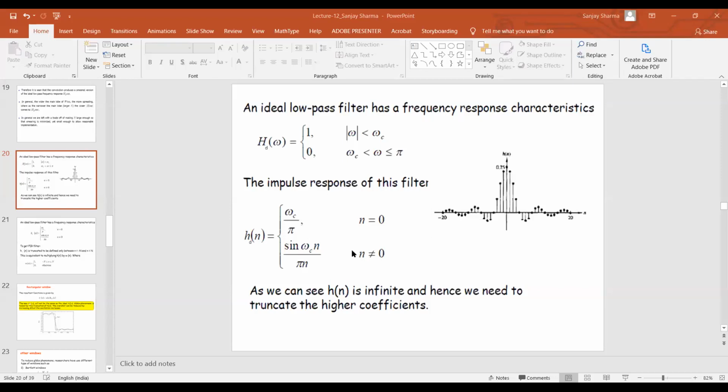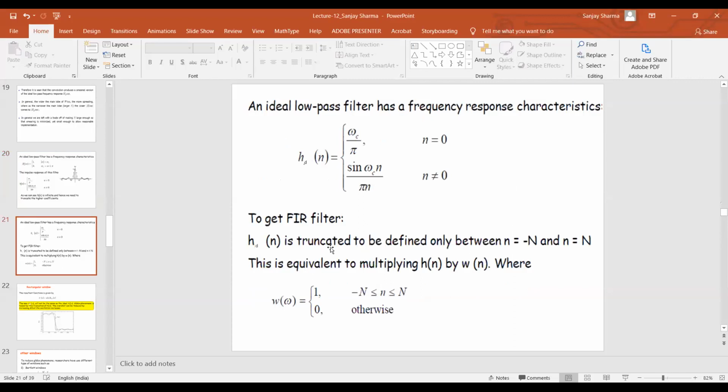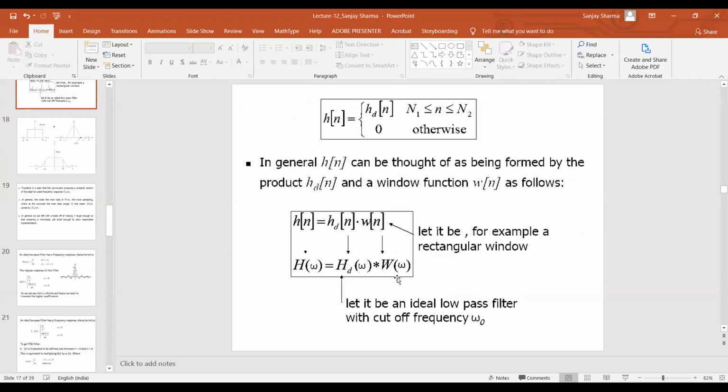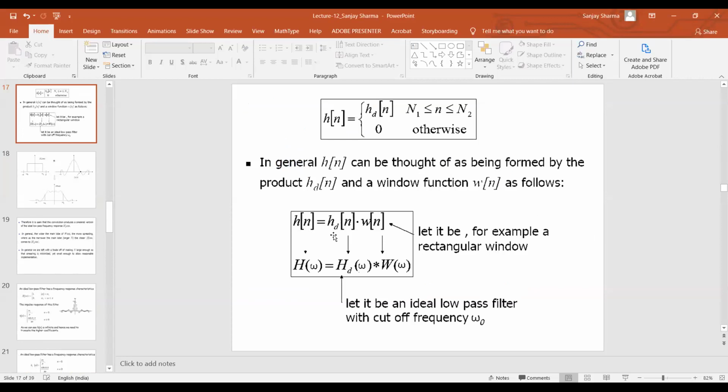I have to design an FIR filter. How will I design? I will use this window function. I will multiply with HDN to get the HN. So that's what my procedure was. HN will be obtained by multiplying HDN, which is infinite, with this window function WN.